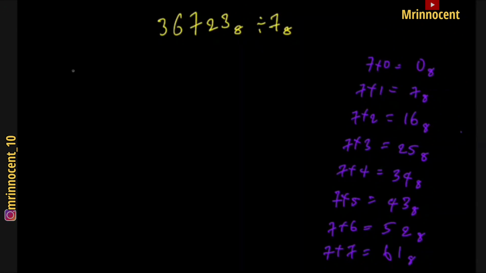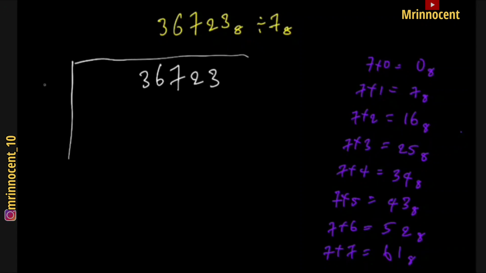We have 36723 divided by 7. 7 divided by 3 cannot. 7 divided by 36 can.